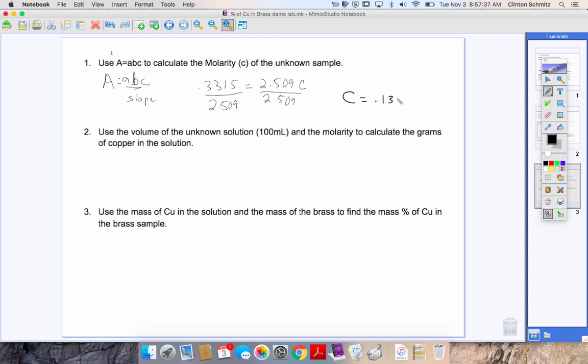So my concentration is equal to 0.1321. Now that's a molarity.